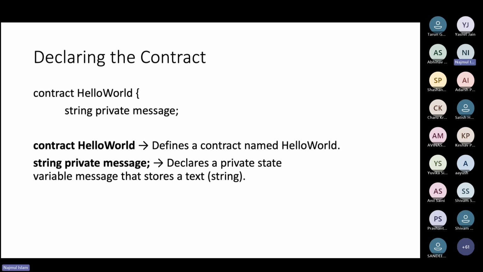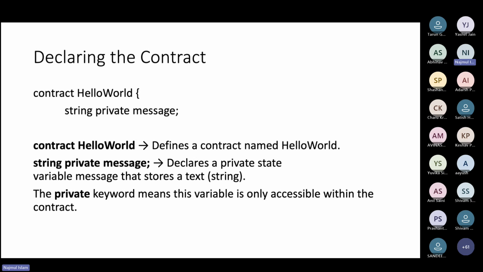And with string private message, we declare a private state variable message that stores a text or a string. So this is our contract. And the private keyword means this variable is only accessible within the contract.